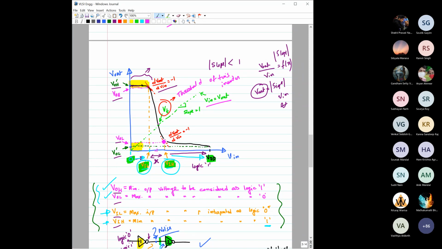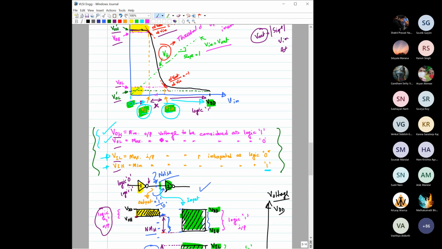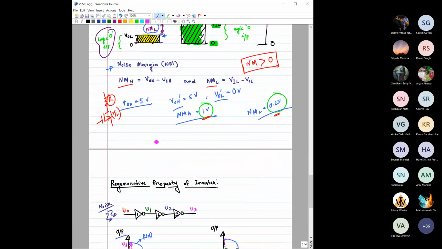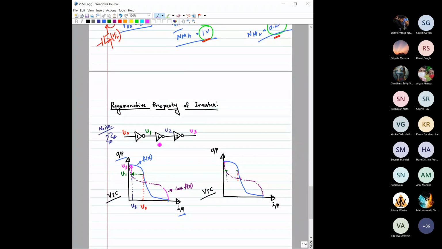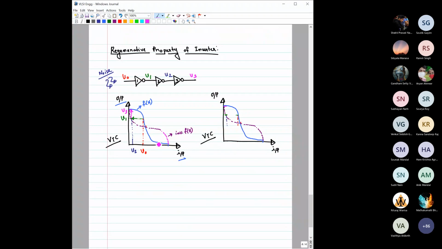I hope the threshold concept is also clear to you, which I think I missed while we were discussing this. And remember, this is not the threshold of the transistor. This is the threshold of the gate. Okay, so let us come back to this.